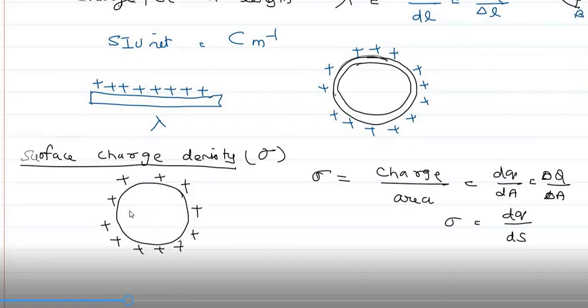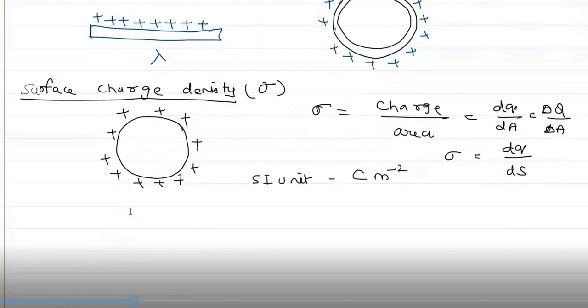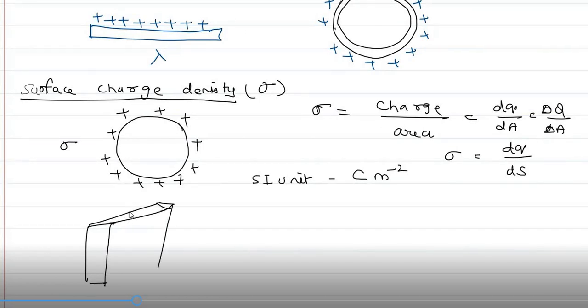Again, what is the SI unit? From the formula, charge is coulomb and area is meter square, so coulomb per meter square. Another example is a plain sheet. On the outer surface, the charges will be distributed like this.